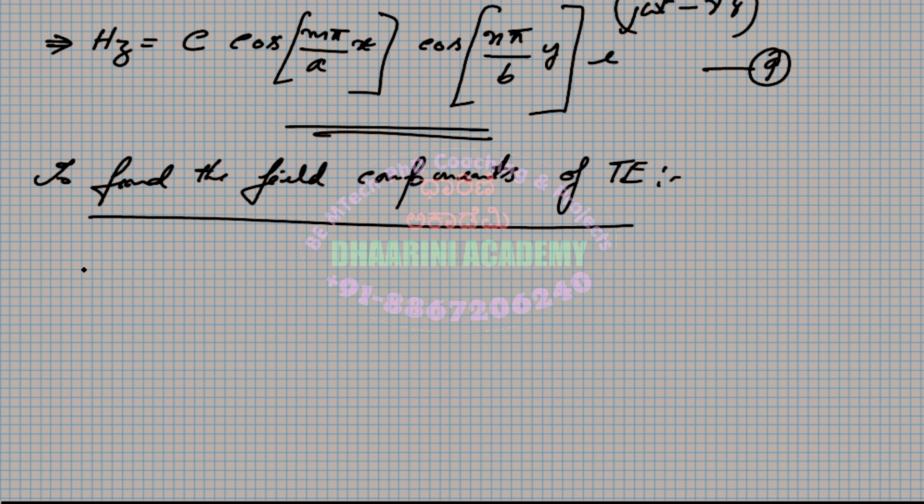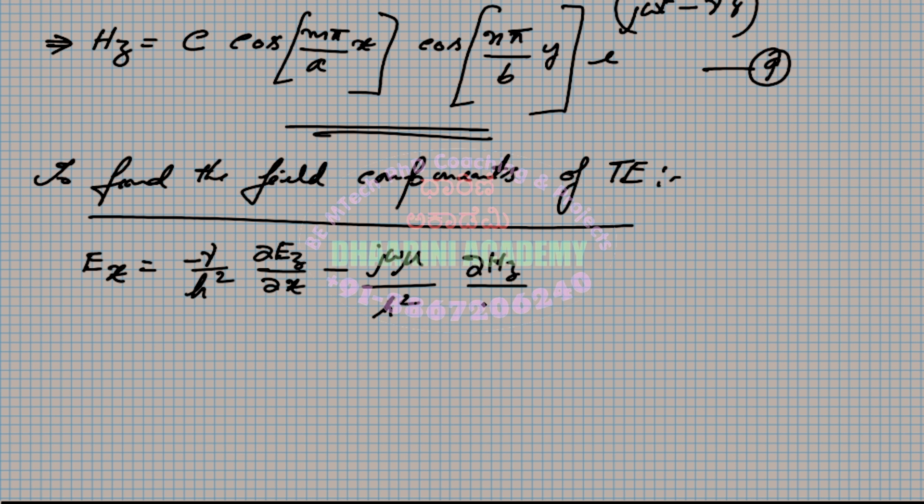Since Ez is equal to 0, I can find Ex. What are the terms you need to find out? Ex, Ey, Hx and Hy. So I'll start with the Ex part. Ex is given by minus gamma by h square dou Ez divided by dou x, minus j omega mu divided by h square into dou Hz divided by dou y.